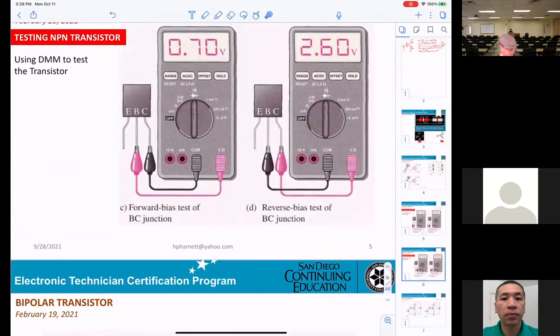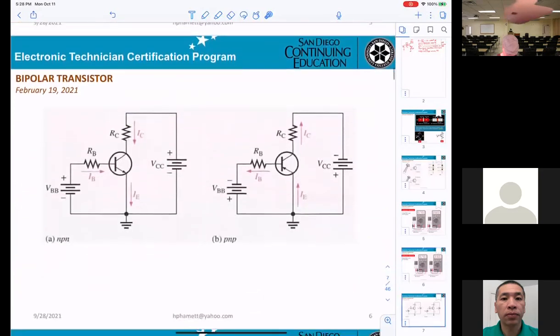Normally the display will be 0.7 for forward, but if you reverse it, then it's open. They're supposed to be reverse biased. So basically, this textbook is not a good one.